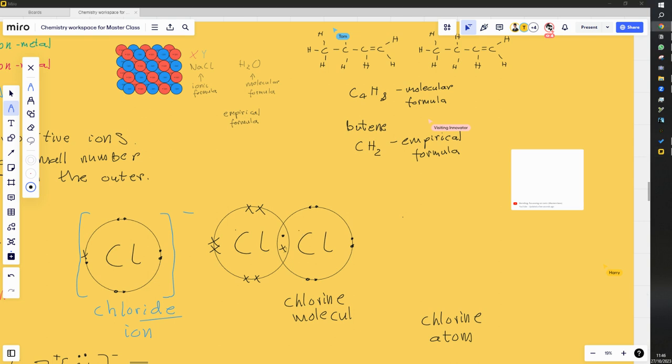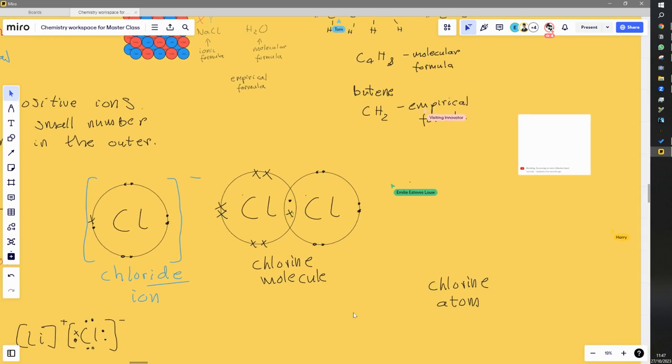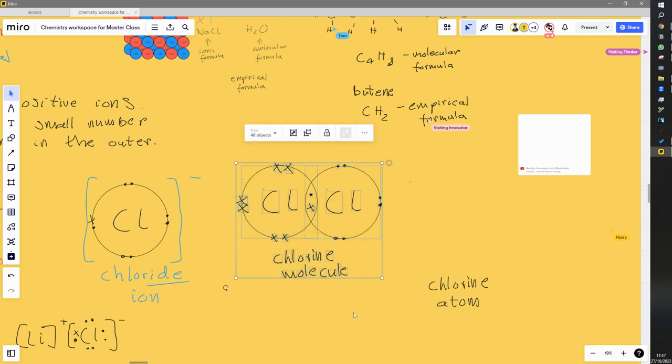Well, it is essentially a closed group of atoms bonded together that is complete, done. If I got another chlorine atom, it doesn't join the molecule the way ions join lattices, but it's complete, it's done. So this is how we form a chlorine molecule.